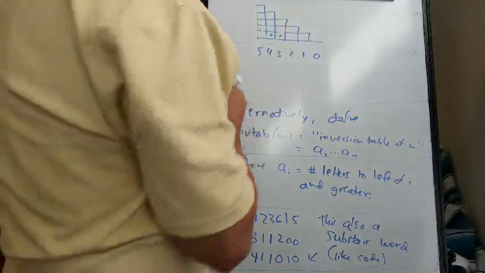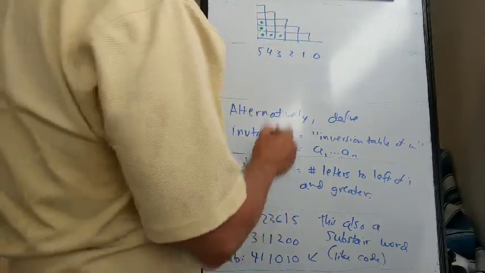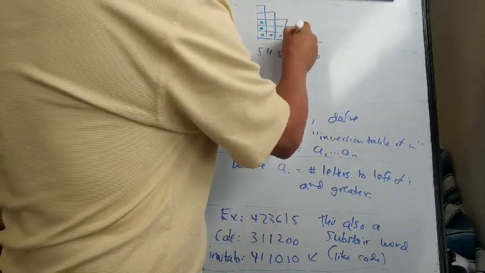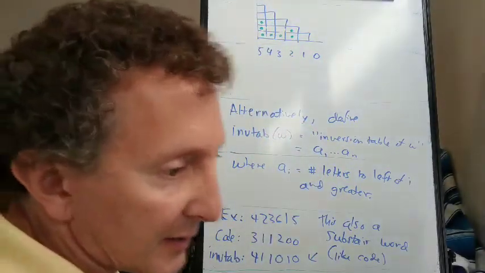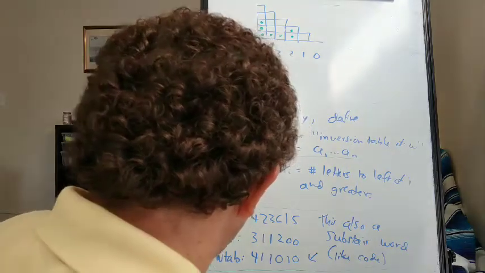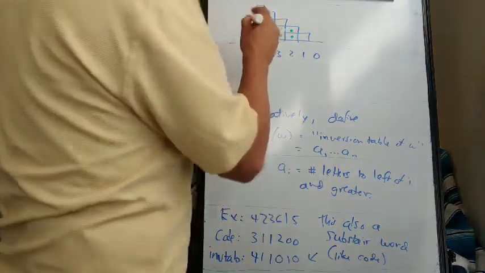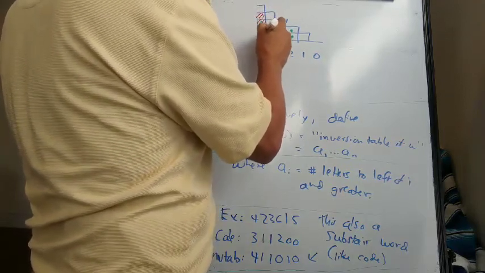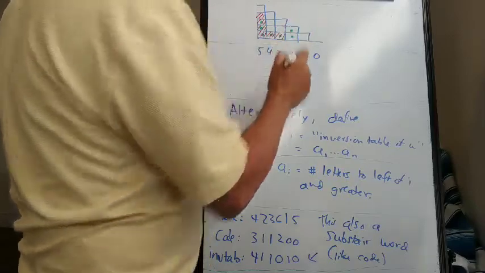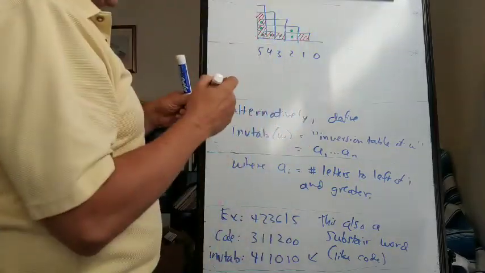So we have 3, 1, 1, 2, 0, 0 fits underneath the stairs, just like if we look at the inversion table, 4, 1, 1, 0, 1, 0. So 4, 1, 1, 0, 1, 0 fits underneath the stairs also.